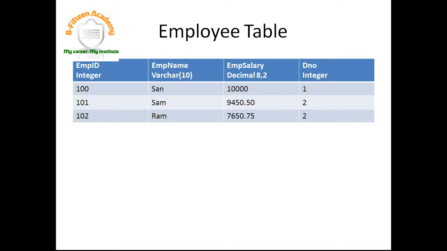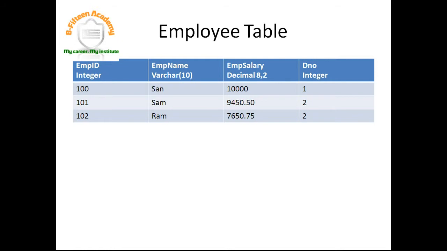Okay, for your information, this employee table is an employee entity set. If you see the ER diagram videos that were uploaded previously, you can know that the entity set employee is converted into an employee table, whereas individual employees will become rows in the employee table, and individual attributes of the employee entity set become columns of this employee table.